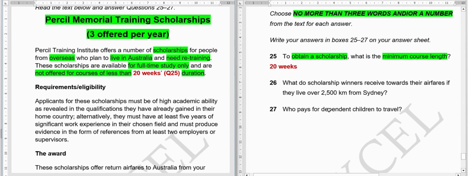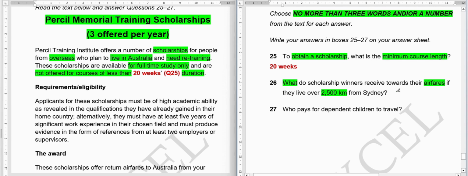Let's read the 26th question. What do scholarship winners receive towards their airfares if they live over 2500 kilometers from Sydney? So what do scholarship winners receive? "What" basically means we have to tell about something, let's say some extra money or tickets, because their distance is quite far, obviously they would be going by airplane.